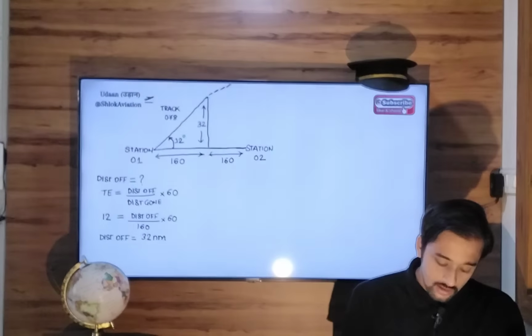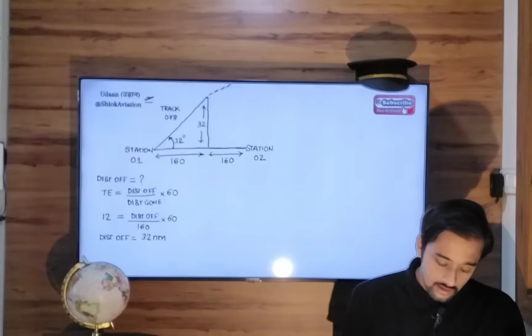So we will have to make another right hand side correction so that we come back to station number 2 directly. So if this is 12 degrees, this angle will also be equal to 12 degrees because corresponding angles are equal.